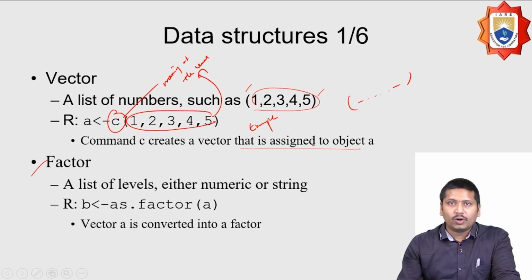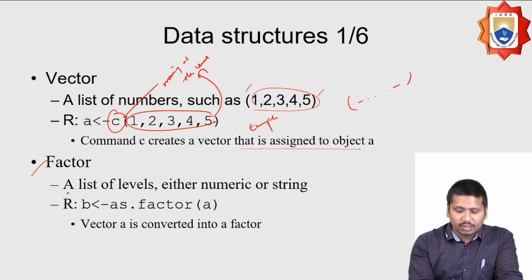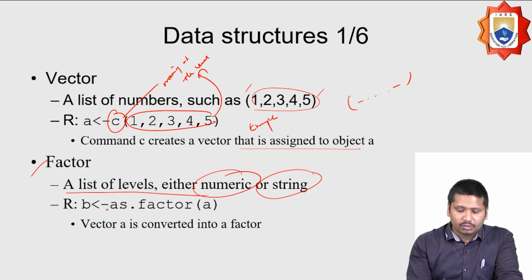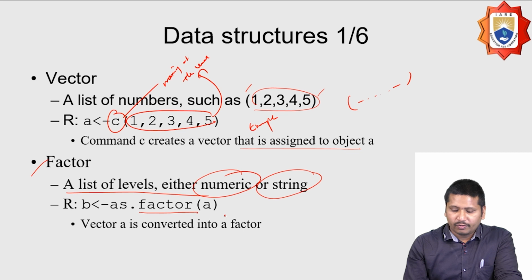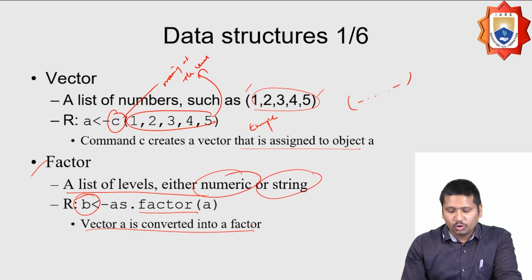And the data structure we are going to see in our programming should be factor. A factor is nothing but a list of values that should be either numeric or string. So how can a factor be created? Using the as.factor function, which should be assigned to the object b, where the vector is converted into a factor here.